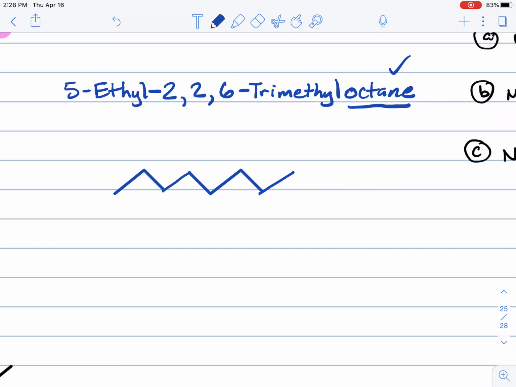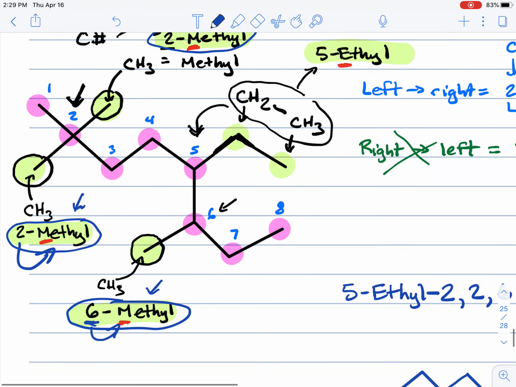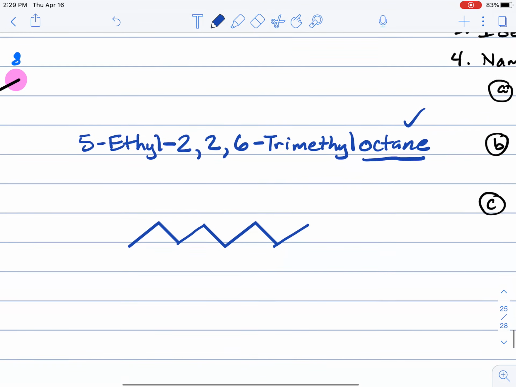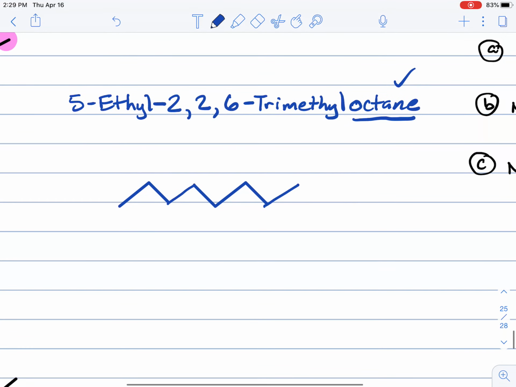That technically wouldn't be right or wrong because you're not going from the structure to the name, right? You're going from the name to the structure, so you're building your own compound. So I'll just be consistent. I'm going to go from left to right. 1, 2, 3, 4, 5, 6, 7, and 8. Okay.